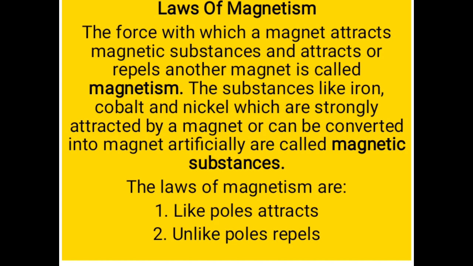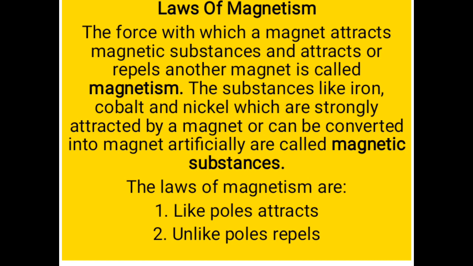Now, the materials or substances such as iron, cobalt, nickel, they are the strong things that are attracted by a magnet, and these three substances can be converted into magnets artificially. Do you know? So we call them what?